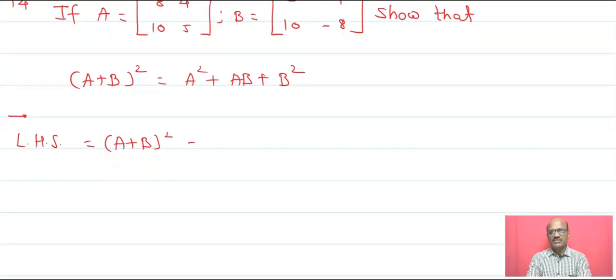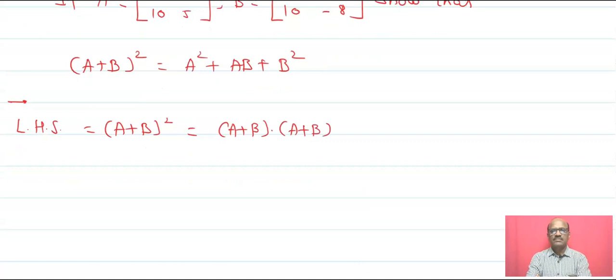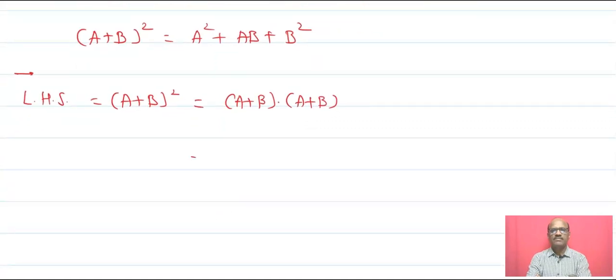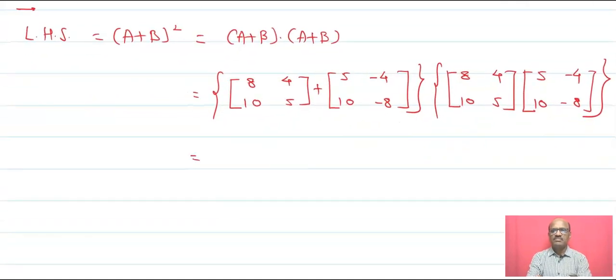That is (A plus B) square means first of all A plus B into another bracket A plus B, therefore in curly bracket, that is 8, 4, 10, 5, 5 minus 4, 10 minus 8, bracket complete into the same bracket is repeated there, 8, 4, 10, 5, plus sign must be there in between them.